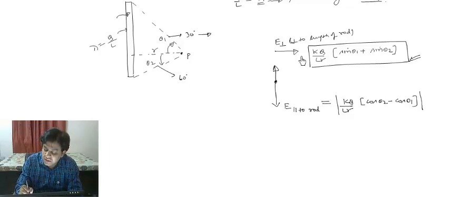So finally you will get two components of electric field. This is perpendicular to the rod, this is parallel to the rod. How will you find the direction of the electric field, whether this component will be in upward direction or downward direction, or this E perpendicular will be in the right direction or in the left direction?